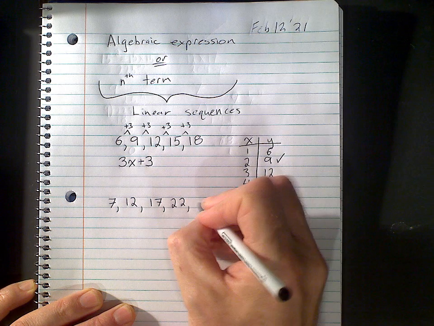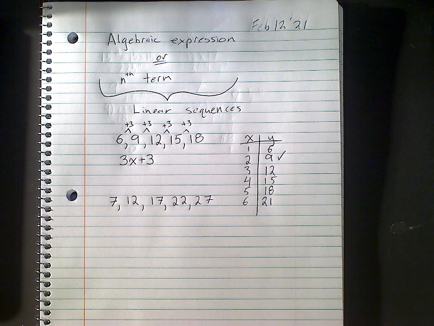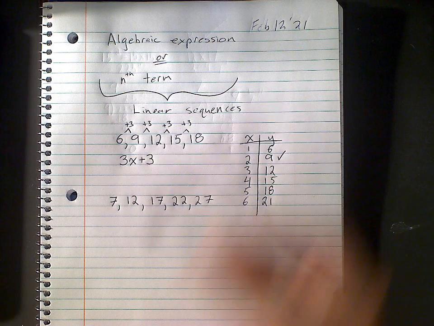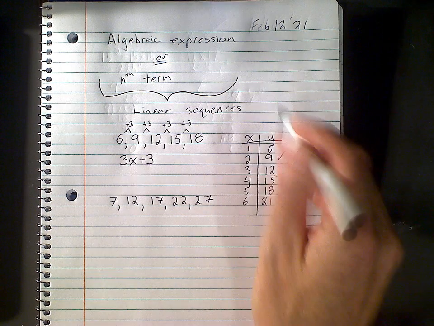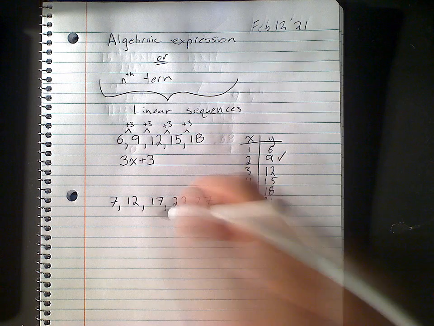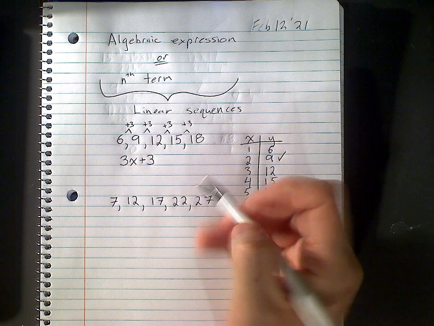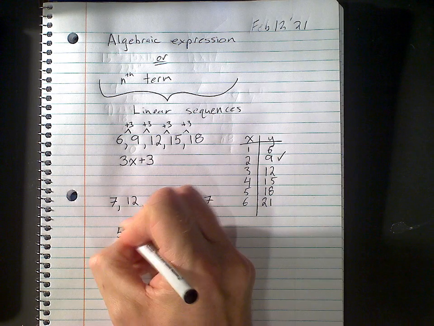I see a pattern here. That's okay. No time for patterns. So it's a linear sequence. It goes up by the same amount every time. You can figure out what it is in a second. Let's just use the little trick that we're using. Let's forget the table of values for this one and just go, okay, 12 minus 7 is 5, and write it here. Trust me, it's linear.